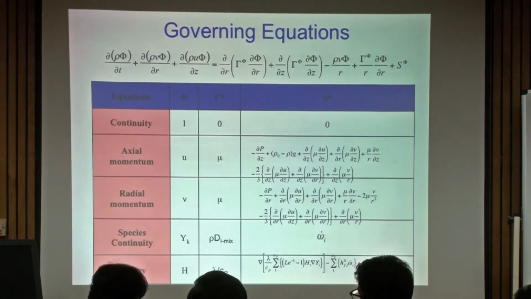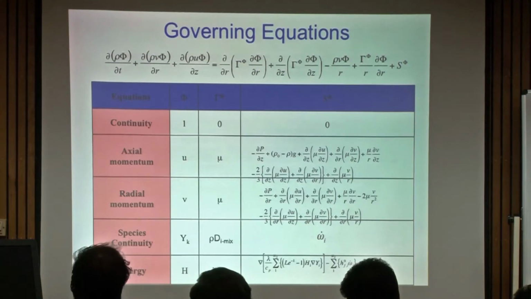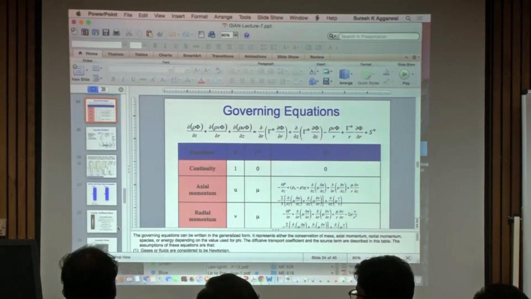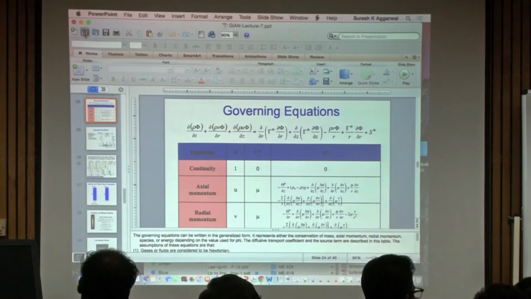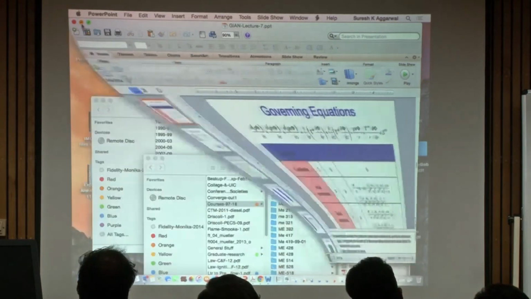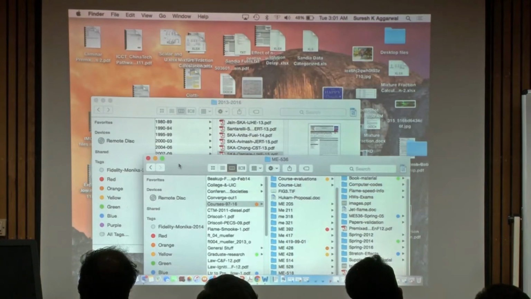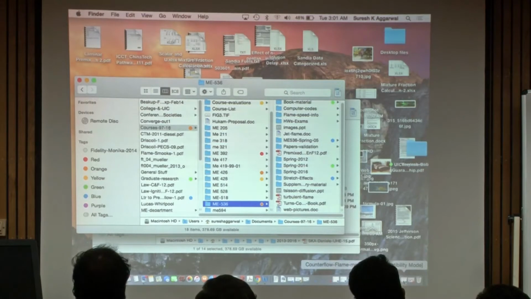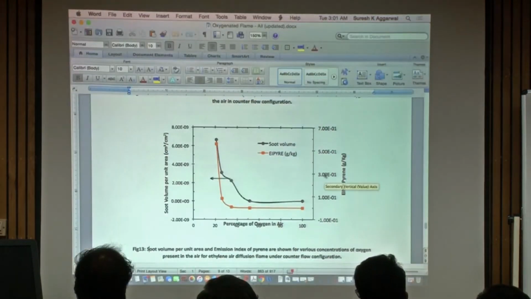So this is not Chemkin when you use 2D results. Okay. So I'll show you some results quickly. What is the time? Okay, we have time. So these are very recent results.